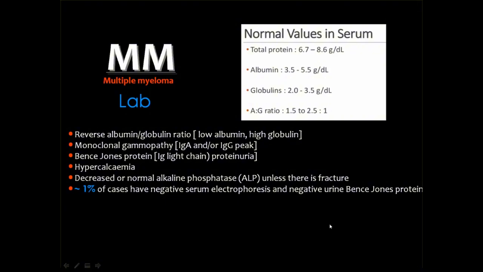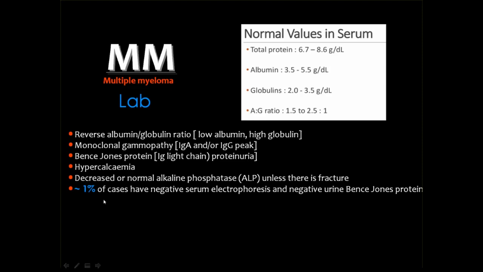And in the laboratory findings, you can get a reversal of the albumin globulin ratio, and these are the normal figures in the normal candidate. Then you may get monoclonal gammopathy like IgA and or IgG peak, Bence Jones proteins in urine, hypercalcemia, and decreased or normal alkaline phosphatase level unless there are fractures.